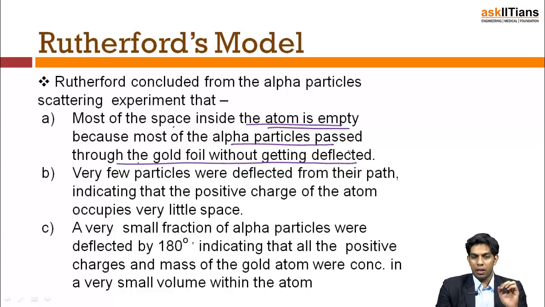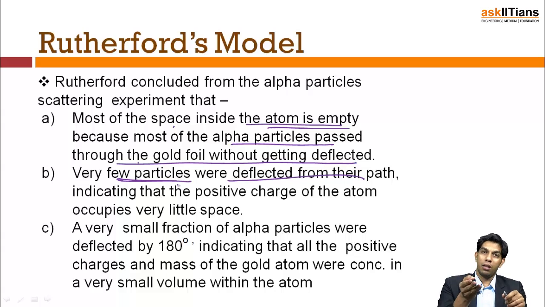The next observation is that very few particles were deflected from their path, indicating that the positive charge of the atom occupies very little space. As only a small amount of deviation occurred, it means there is some positive charge.